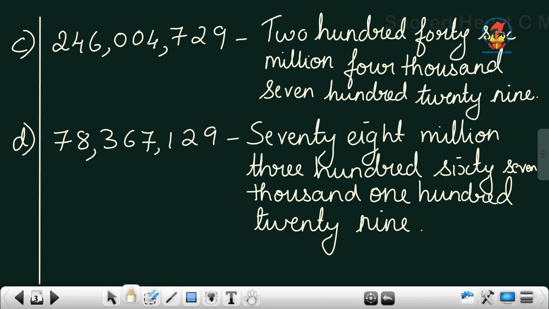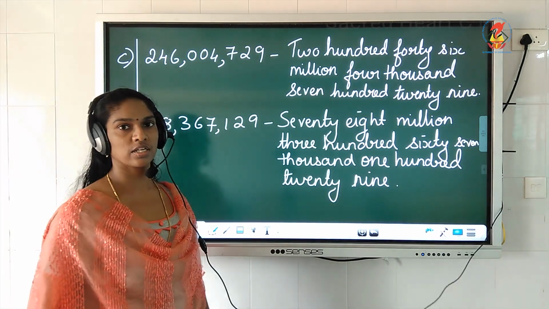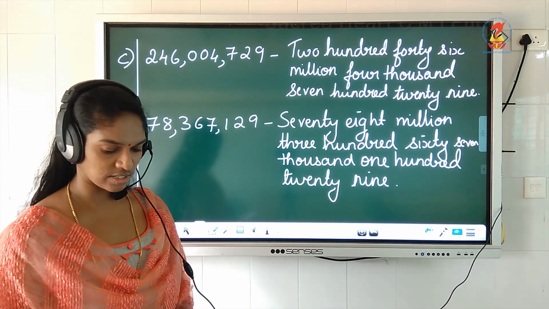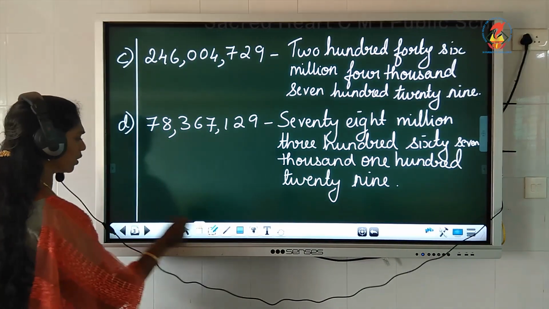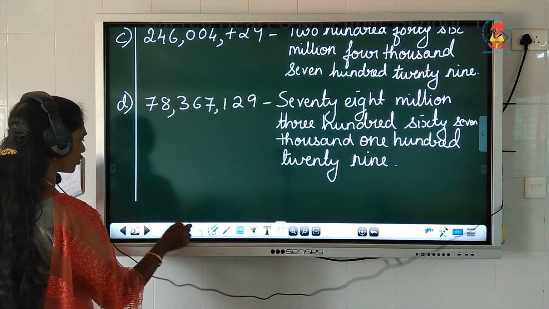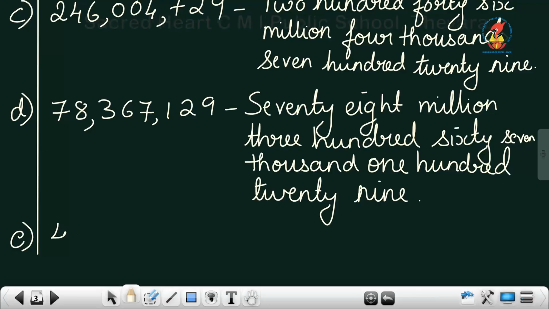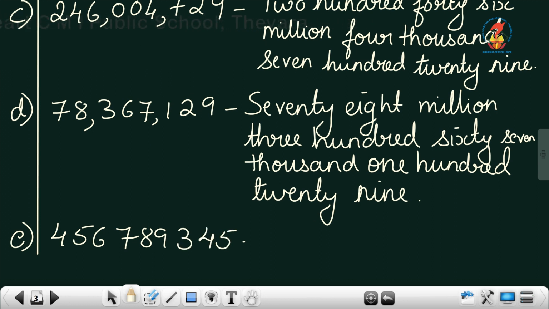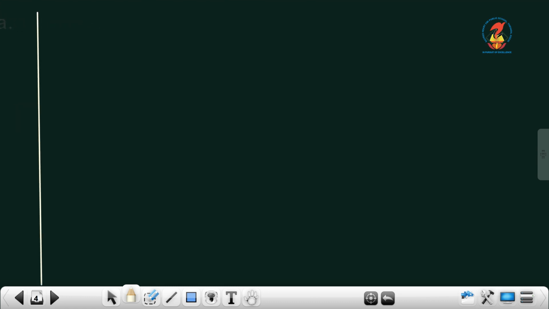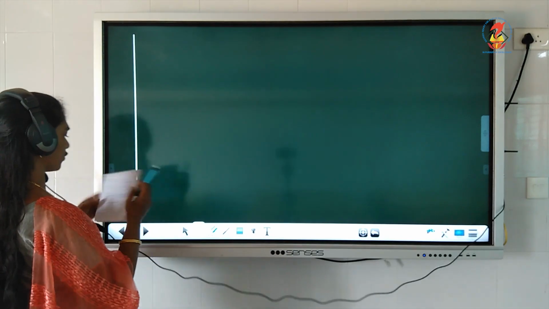So this is how you write in international system. Okay, so I'll give you one question for homework. You have to try it. Children, you'll insert comma and then you'll write the number name in international system. Okay, children. Now, moving to the second set of questions.